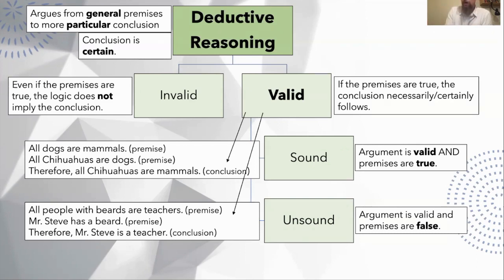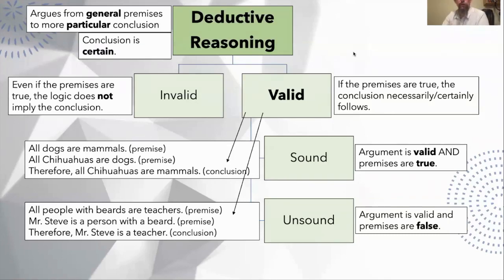All chihuahuas are dogs, so anything that's a chihuahua is included in dogs. So if all the chihuahuas are included in dogs and all dogs are included in mammals, then all chihuahuas are in the category of mammals. So the conclusion is certainly true, and it is a sound argument because both premises are true.